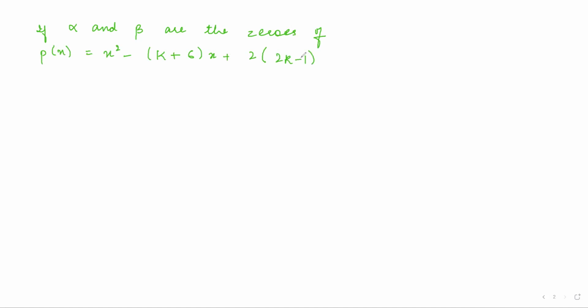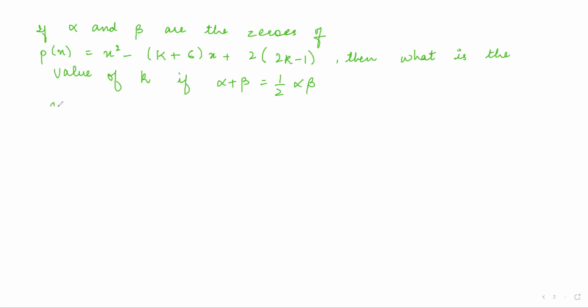Then what is the value of k if alpha plus beta is equal to half of alpha beta?